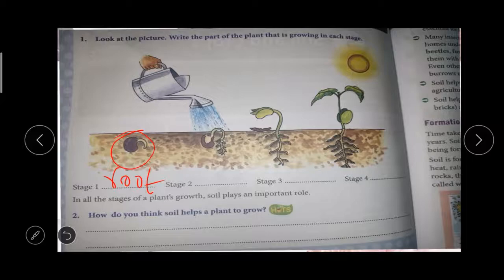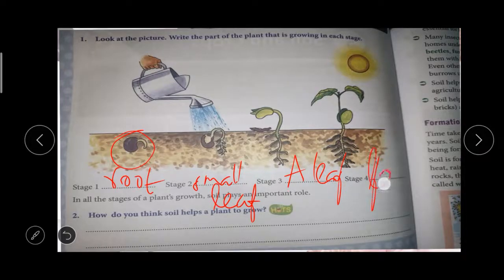A small leaf starts to grow. In the third stage, a leaf. And finally, stem and a leaf and leaves. So there are some stages in plant growth.